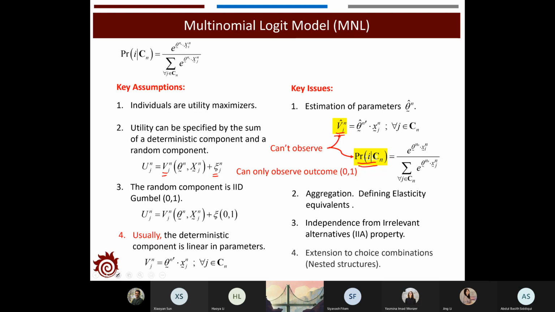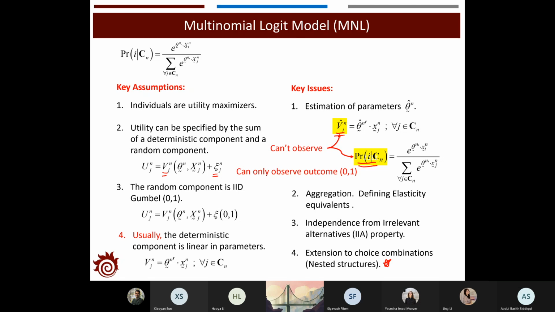That goes to the last task, extending the model to different choice combinations, where we have to introduce the nested structures. For this one, I will just give you a very brief introduction about nested structures to deal with two or three layers. You don't need to really know all the details about the nested structure, which is quite complicated.